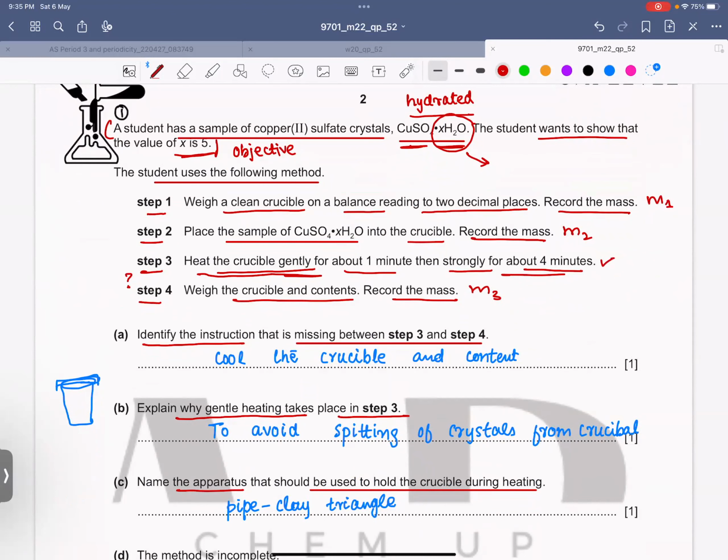See over here that after 4 minutes of strong heating, we cooled it and then we recorded the mass, right? Whenever we have to find out the value of X, the water of crystallization, we have to heat the content until there is a constant reading of the mass on the weighing balance.